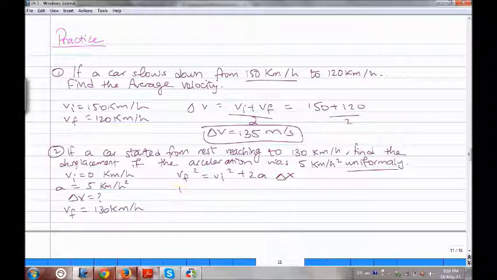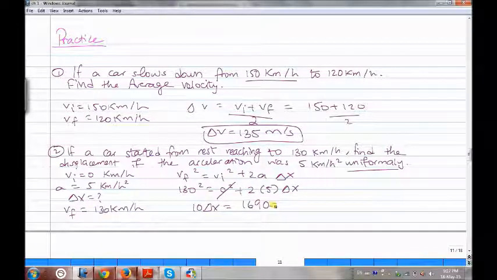We substitute 130 squared equals VI squared, so it's just nothing, plus 2a, which is 5, delta x, which we need to find. So it will be 10 delta x equals 16900. So delta x would be 1690 meters. Don't forget the unit, which is meters. So that's the answer.